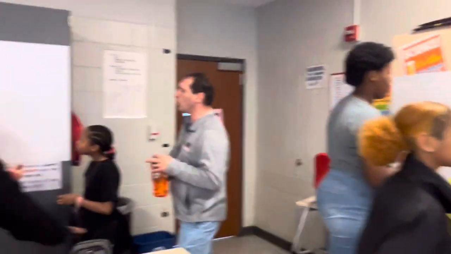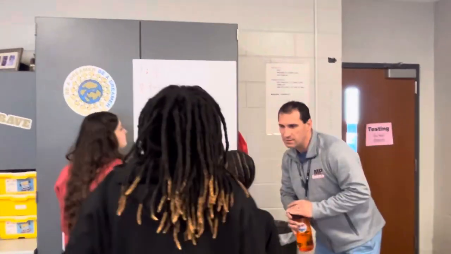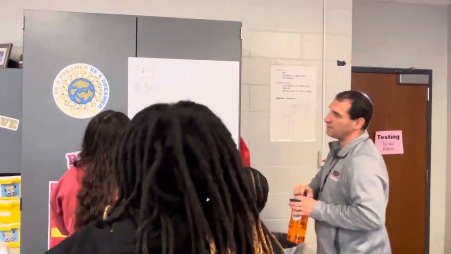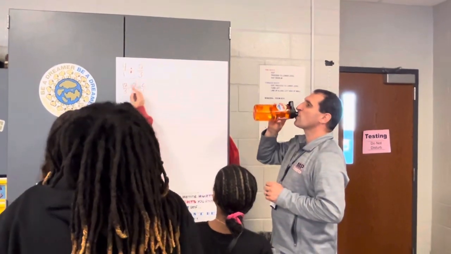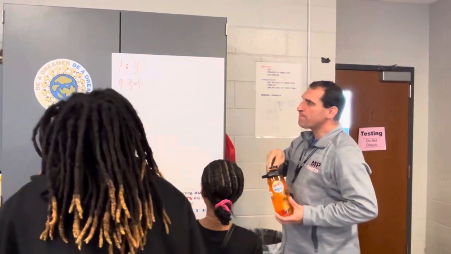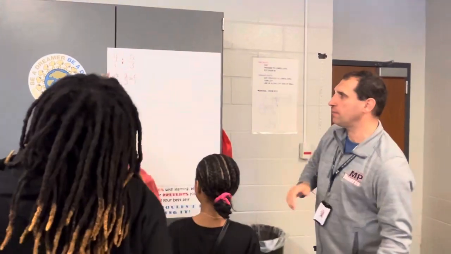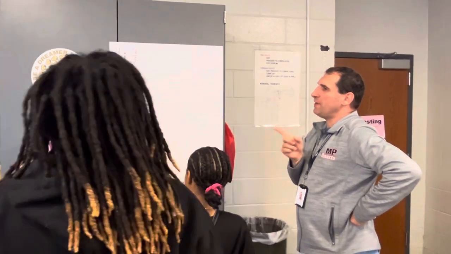All right, guys. Ooh. What's happening here? Talk me through this. 4 over 1. Okay. And what do these numbers represent? Why did you choose to put those there? Ooh, interesting.